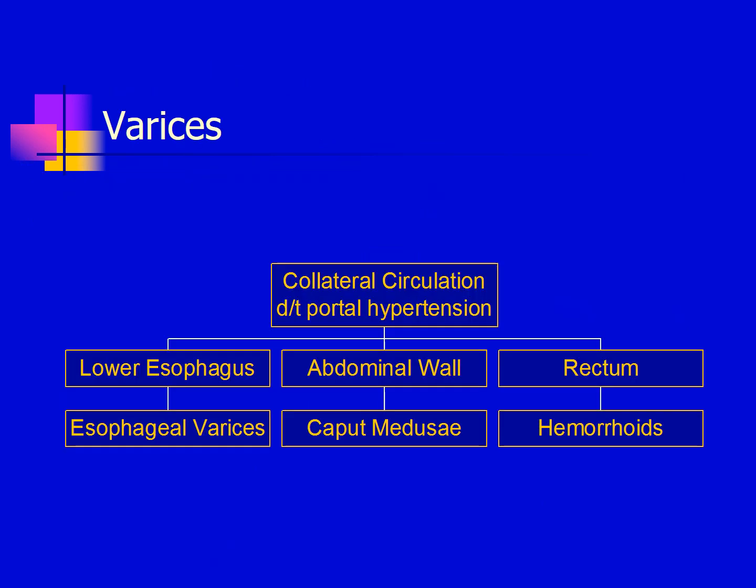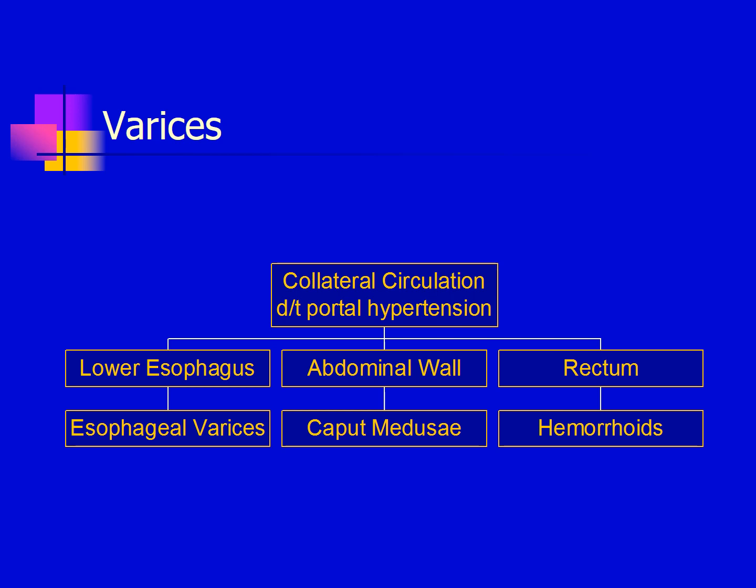So this collateral circulation due to the portal hypertension leads to these bulging things, the varices. It could be varices in the esophagus, in the abdominal wall, or in the rectum. If it's in the rectum, that's what we call hemorrhoids. If it's in the lower esophagus, we call them esophageal varices.